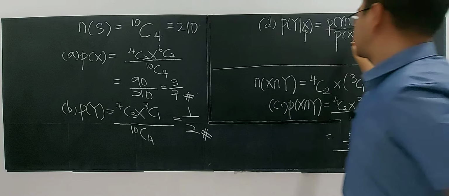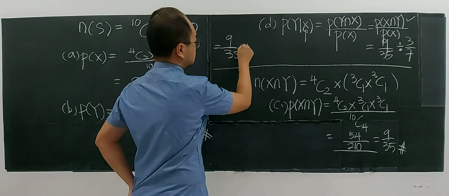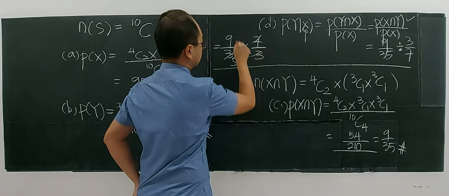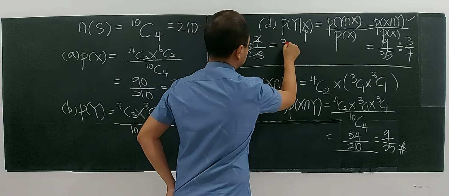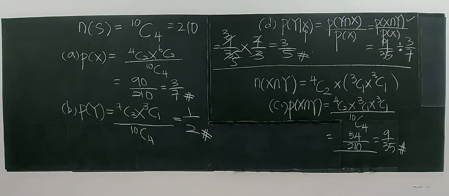So you write 9/35 multiplied by 7/3. 7 and 35 cancel to 5, and 3 into 9 gives 3, so in total you get 3/5. This is the probability for part D.